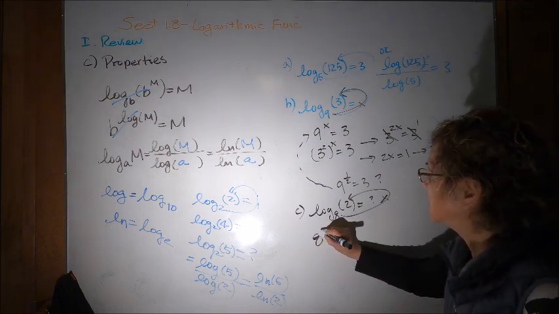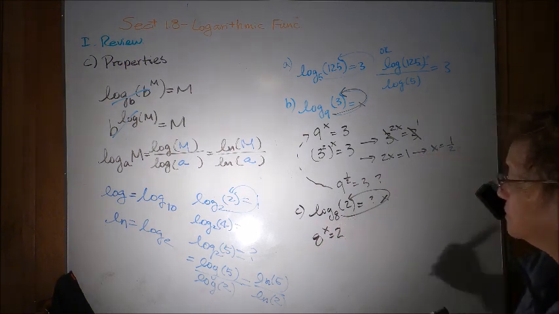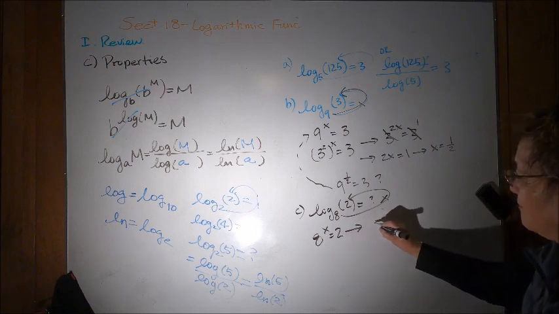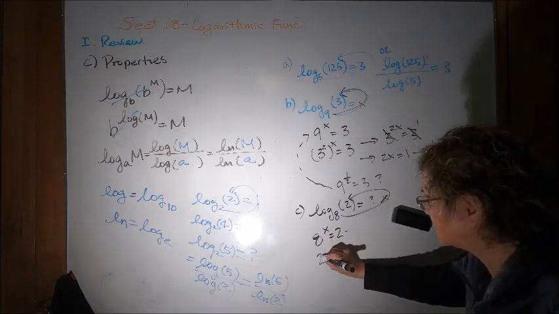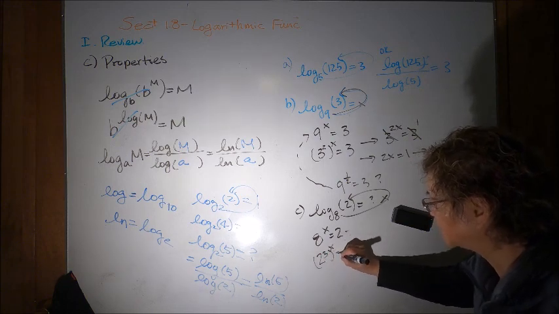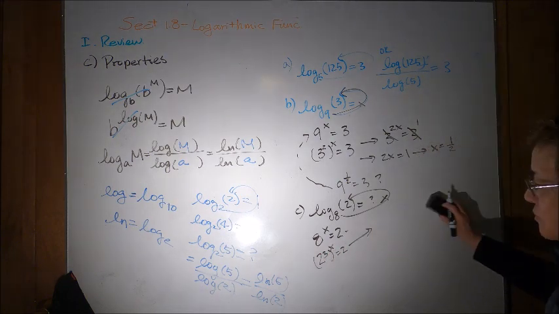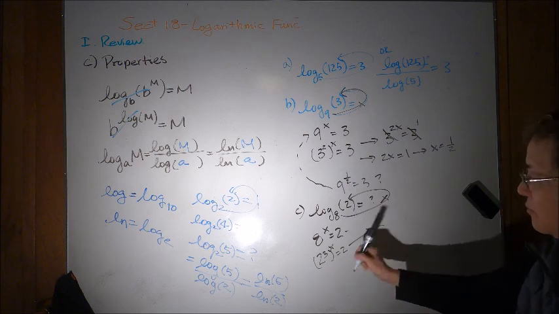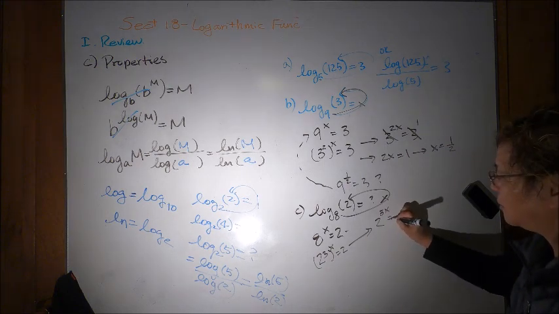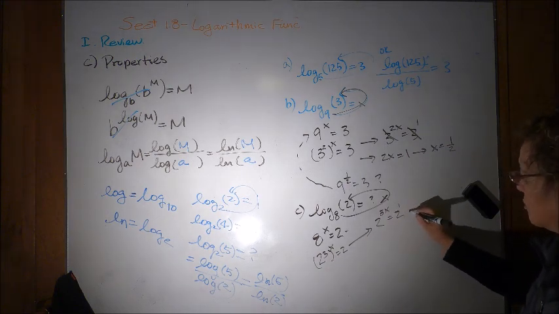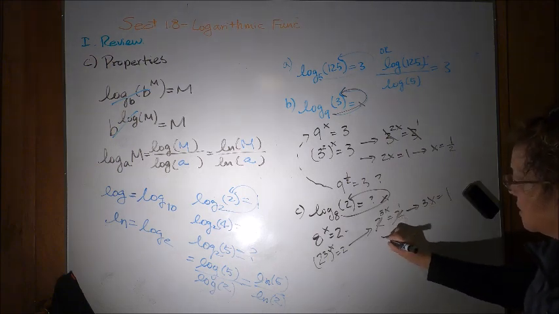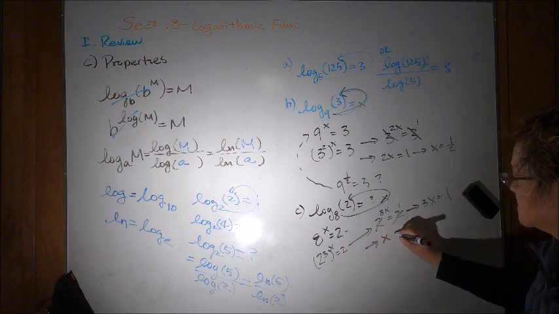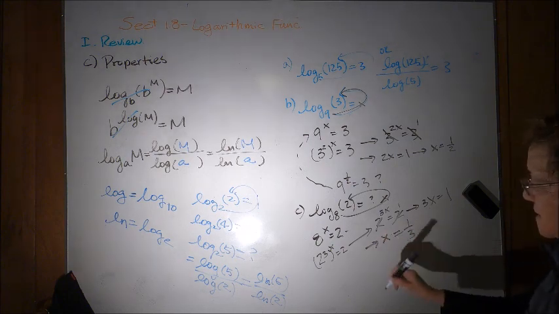So a to the x power is 2. Then I change it to the same base, right? A is 2 to the third power, so 2 to the third to the x is 2. Power on power, you multiply your powers, right? So we have 3x equals 1. So what is your x? X would be 1/3. Is that right?